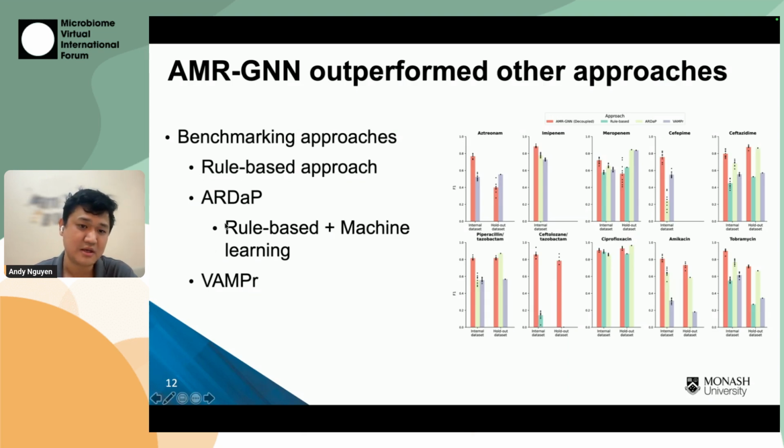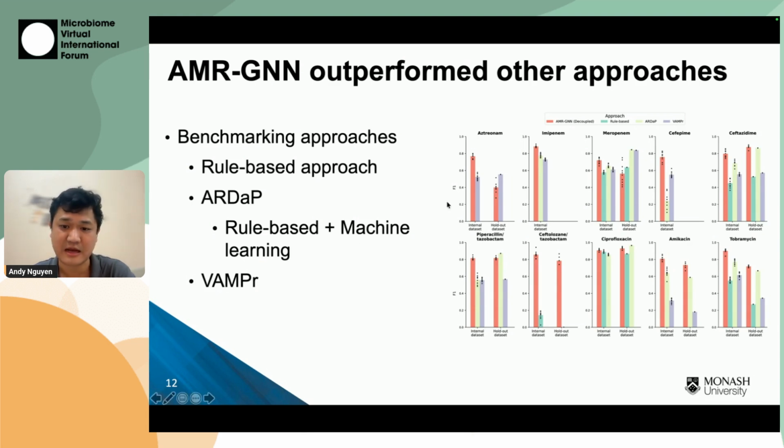The second approach is ARDaBs, which uses both the rules-based determinants and also tries to identify some additional variants learned from machine learning models to predict AMR. And then finally, it's the VAMPR, which is a pure machine learning model to predict AMR.